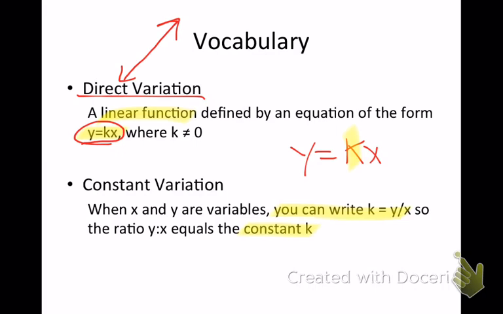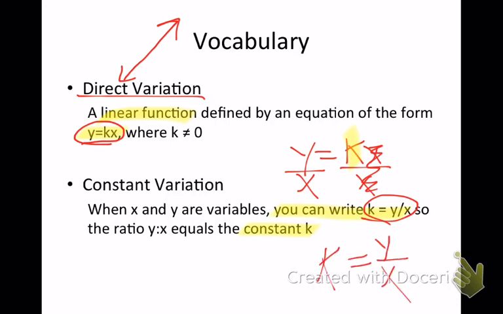So what would I have to do to get x on the other side? What's the opposite of multiplication? Division. So we're going to divide. If I divide both sides by x, does everybody see I have k equals y over x? Guess what? That's my constant of variation. K equals y over x. Okay, that's what that means here.